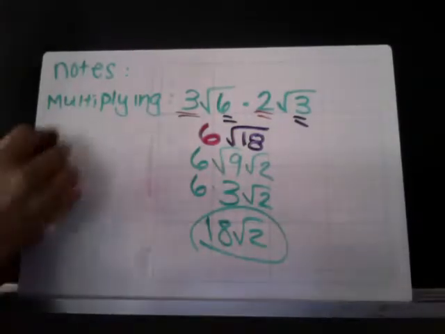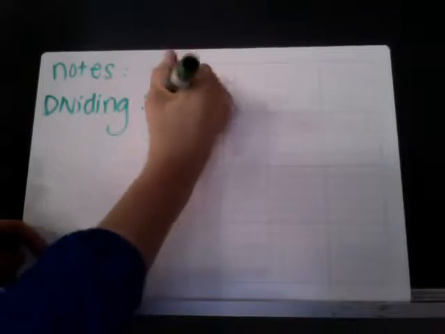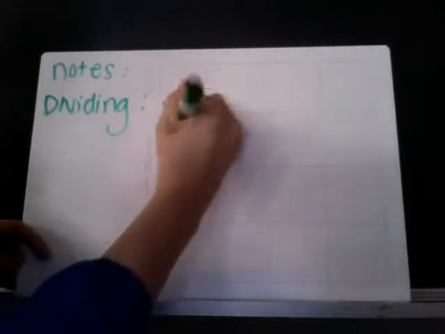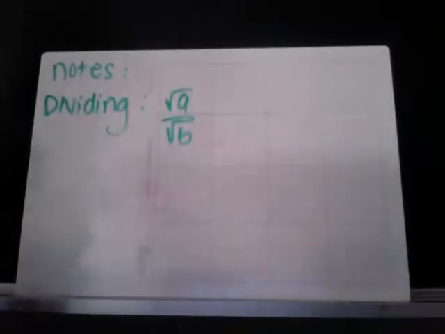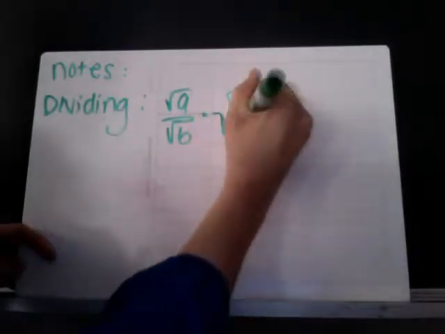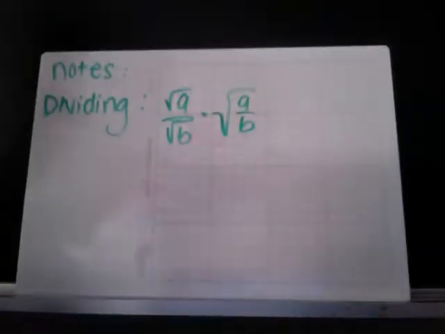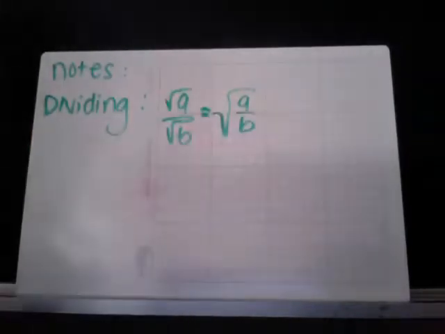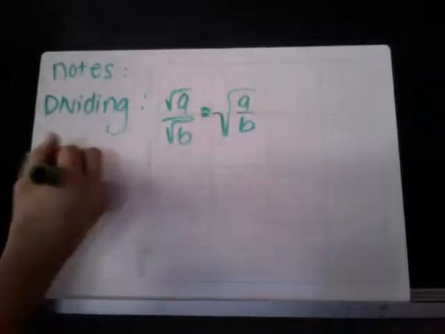So again, another reminder about dividing radical expressions. If you had the square root of a divided by the square root of b, you can write that as one radical with that quotient underneath as your radicand. That can be very helpful when you are simplifying. So a quick example there.